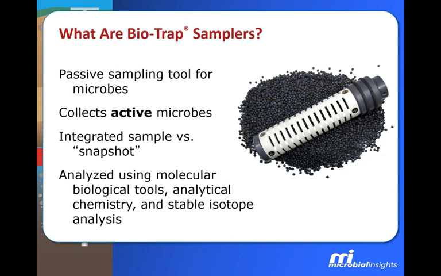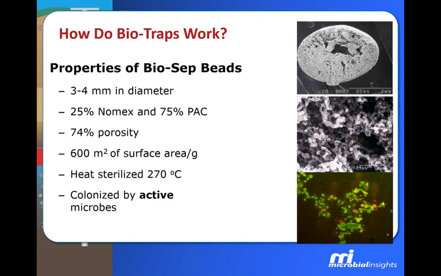The most important thing to remember about a biotrap sampler, and I'm going to illustrate this as we go along, is what it collects. Because it collects only active microorganisms in the sampled environment. And by that I mean this: for a microorganism to be detected in the medium that makes up the biotrap, called the bioset bead, which I'll be describing momentarily, microorganisms have to get on the inside of that bead, and once inside they need to grow and reproduce in sufficient numbers to be detected.